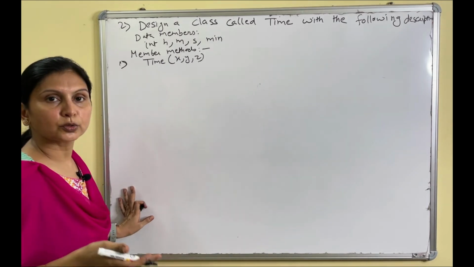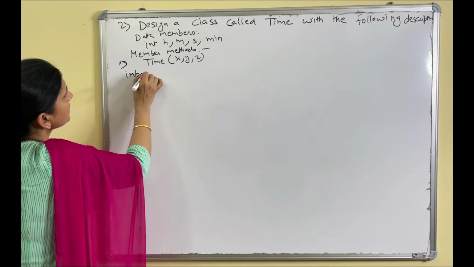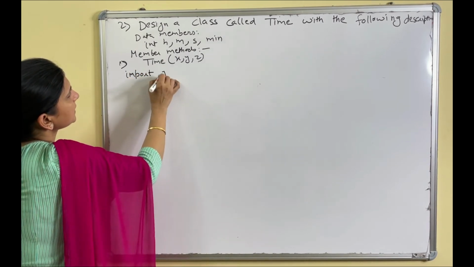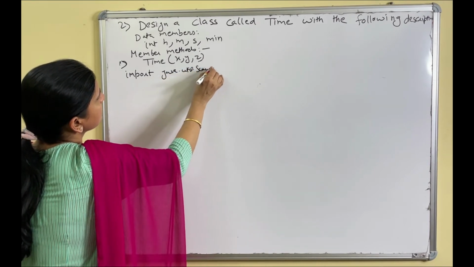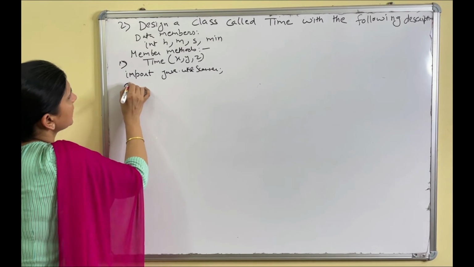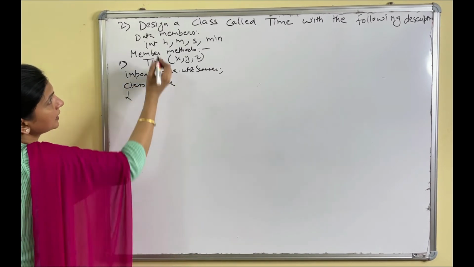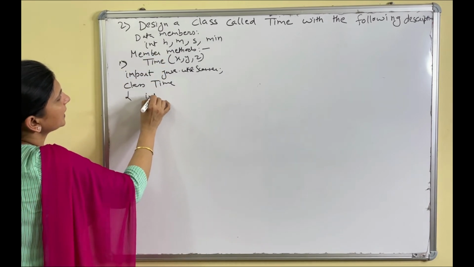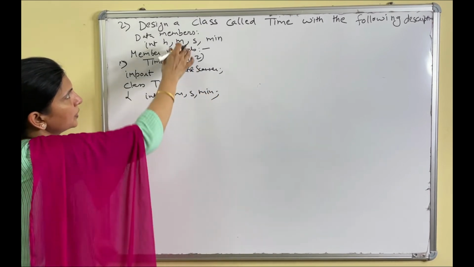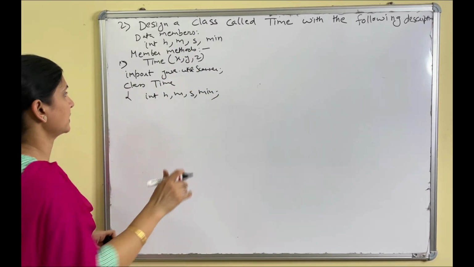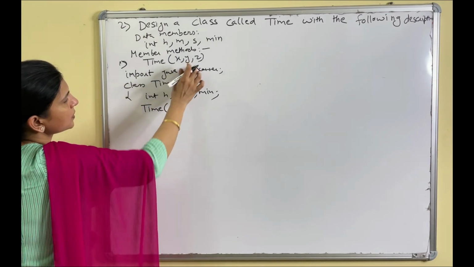So as we have to use the input method also, for that we will use the Scanner class, and we need to import that. So import java.util.Scanner, right? And then class already given, Time. Then data members we will declare int h, m, s and then minute. So we have declared data members or instance variables. Then we will make the parameterized constructor, xyz already given.